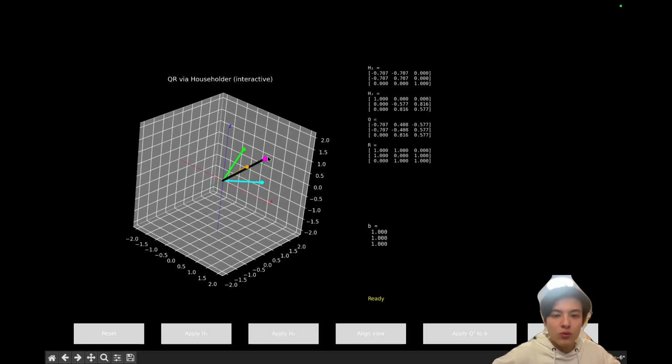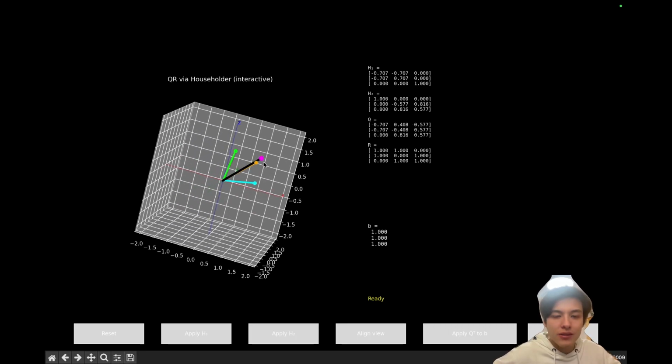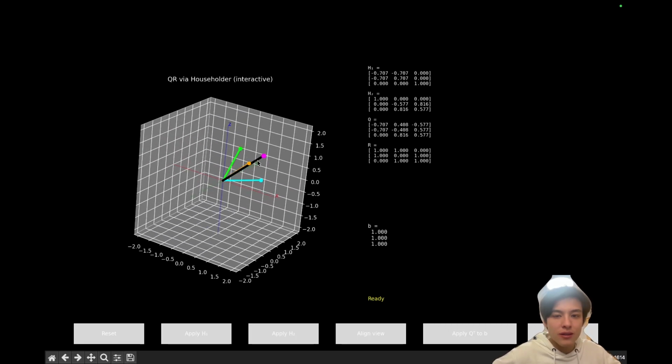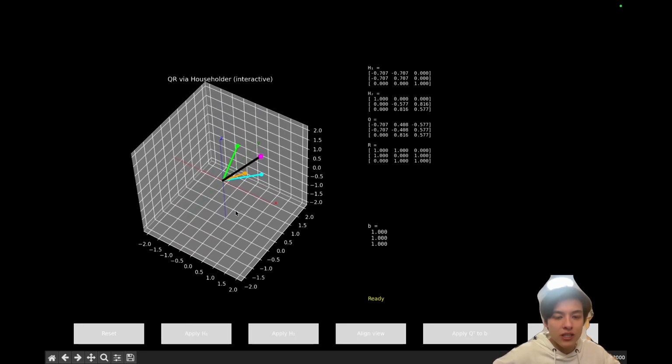B is where we want to get. Wait, let me just apply it. So we can see this is what we originally have, and then I didn't write it down, but we would apply H1 to it, and hopefully one of the vectors moves to the axis. That means if the two numbers below are 0, 0, then it only has a number along the x-axis.